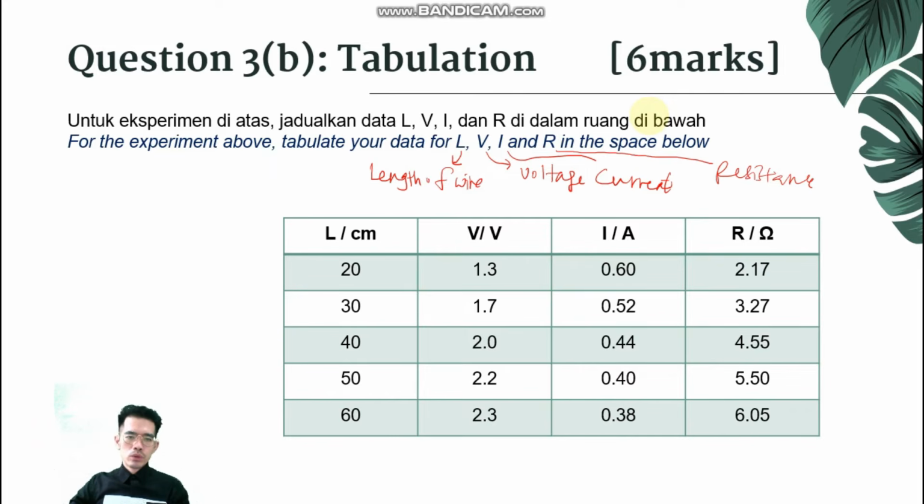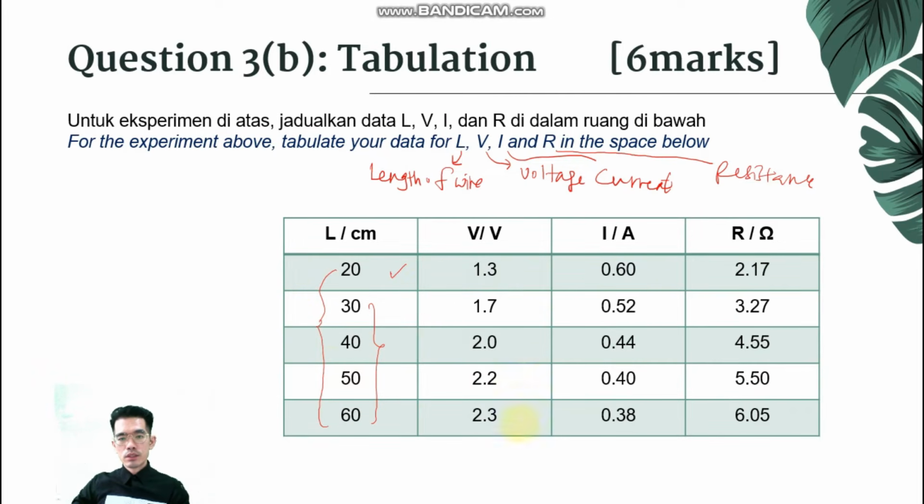Okay, so this is a table you should be able to do. The first is L, with the 5 values we have already mentioned in our procedure. We started with the value of 20, and then we repeated another 4 values, from 30 to 60. In total we have 5 manipulated variable values.